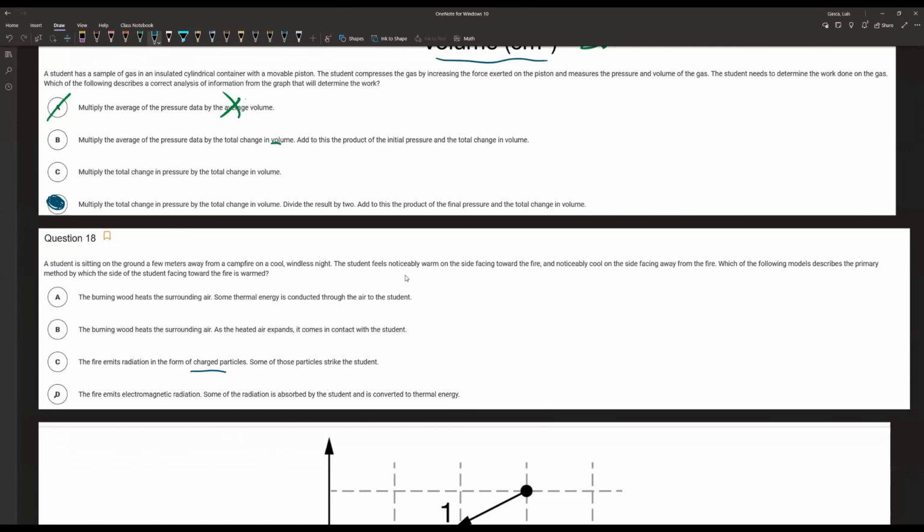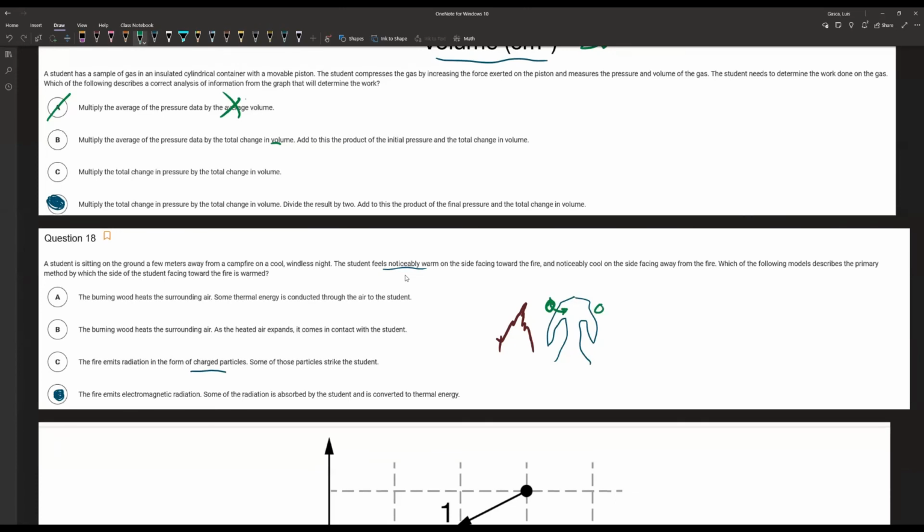So I think D is going to be our best answer choice here, because as the student is sitting by the fire, the air that hits him, if this was like, here's my person, and then let's go ahead and draw some fire over here. Okay. The air in front of him is going to be near the same temperature as the air behind him.